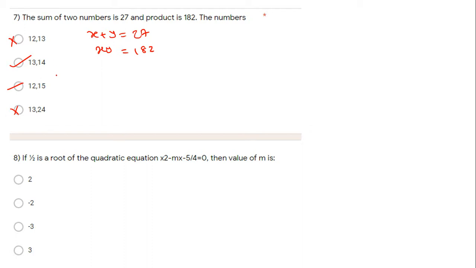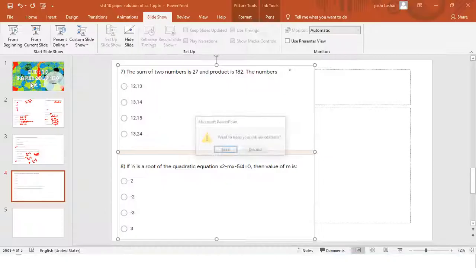If you multiply, 15 times 12 is 10 plus 2, into 15. So 15 tens are 150, 15 twos are 30, so 150 plus 30 is 180. So this again cannot be the answer. So obviously 13 comma 14 is our answer, 182. Option B is the answer.